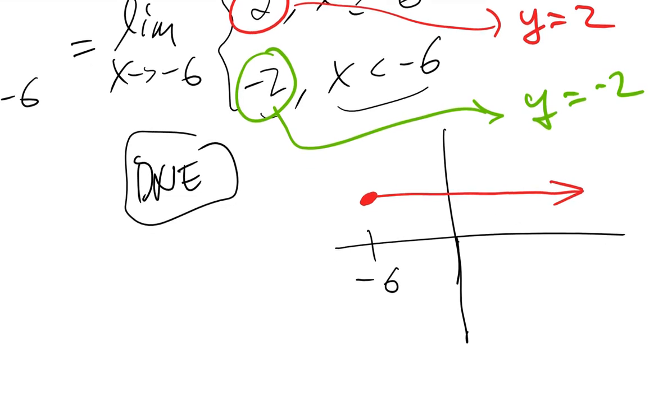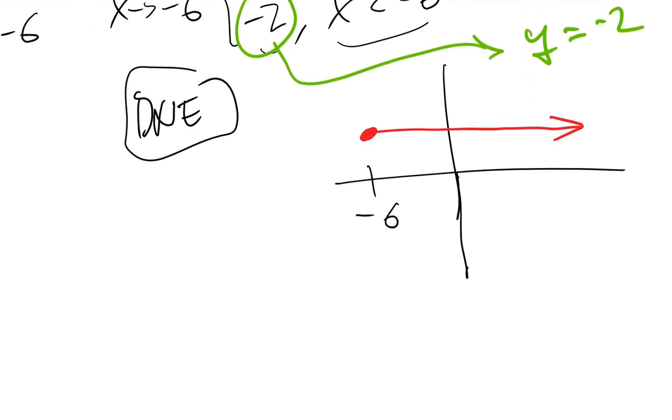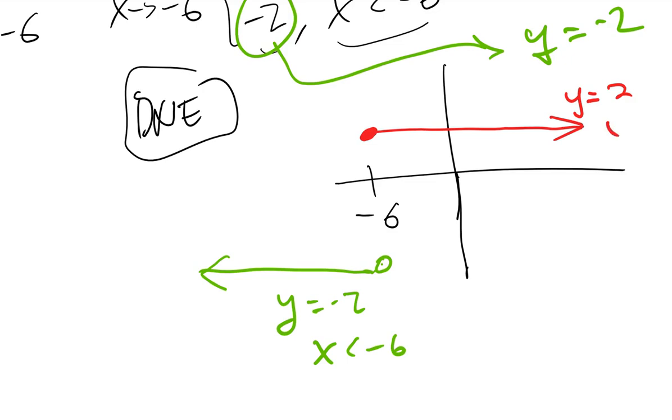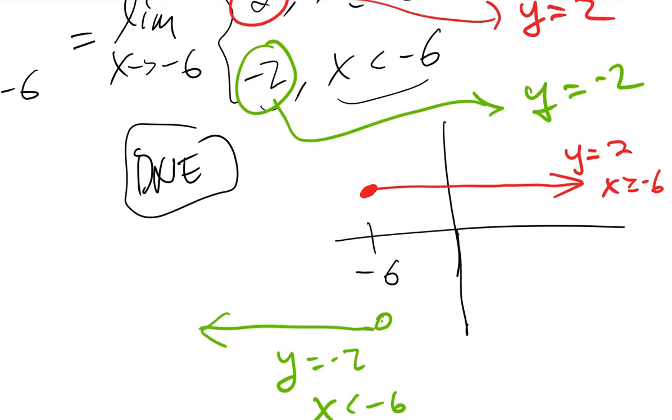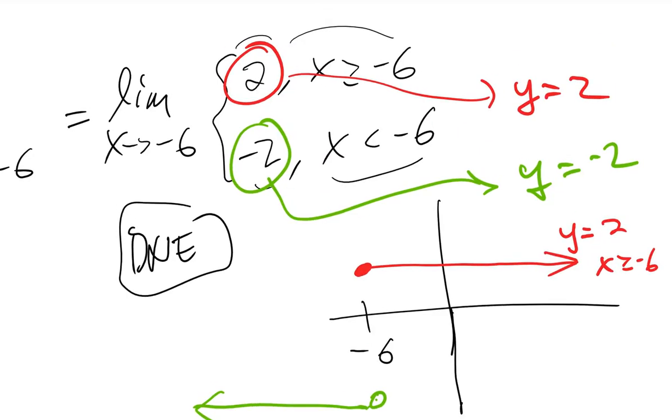And then y equals negative 2 is a horizontal line, but this one's open. This is y equals negative 2, x less than negative 6. And then this red one here is y equals 2, x greater than or equal to negative 6. I'm getting that from these two up top.